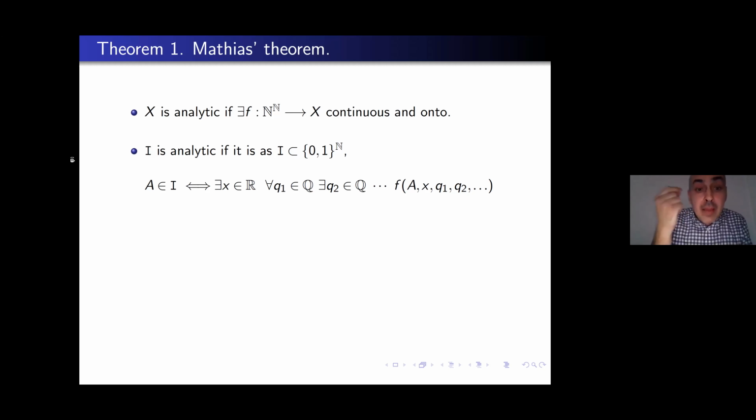And if I can write the belonging, A belongs to the ideal, in the way: there exists a real number x such that for every rational q1, there exists a rational q2 such that for all, and I write no matter how many quantifiers over rationals, and in the end I write a formula, and this formula is, in any reasonable sense, a continuous formula.